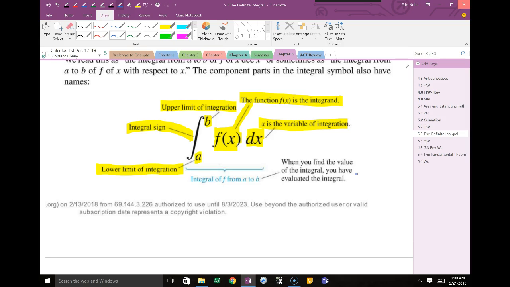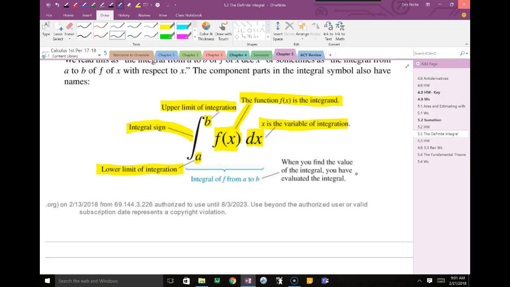The term integral, is that... Integrand? What are you looking at? Oh, of the integral. Integrand is another term for integral. It's like the noun, or I don't know, verbiage.